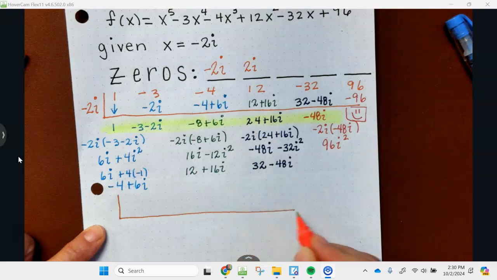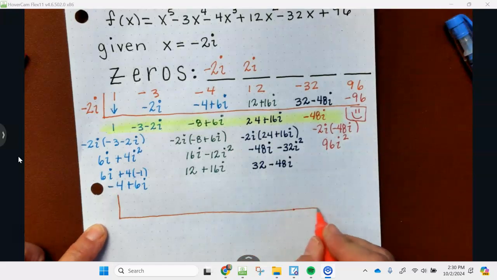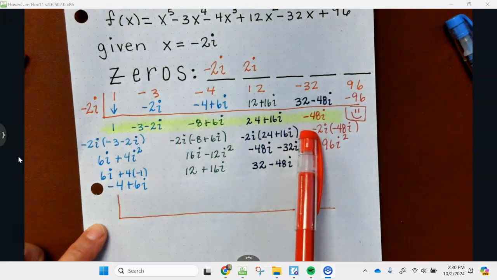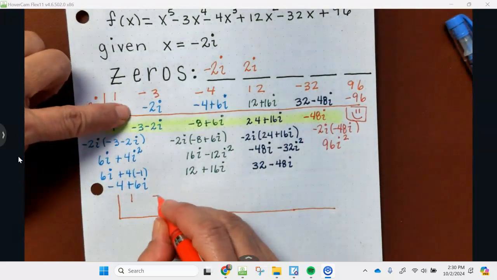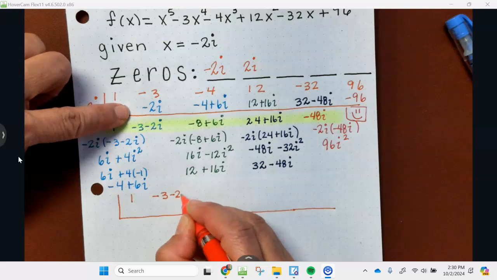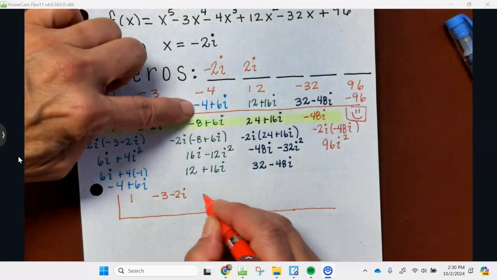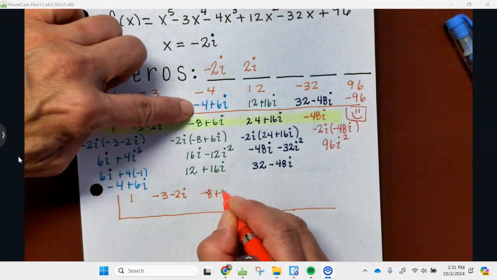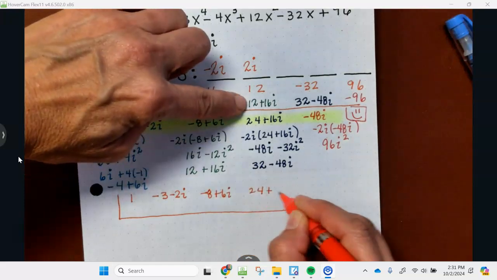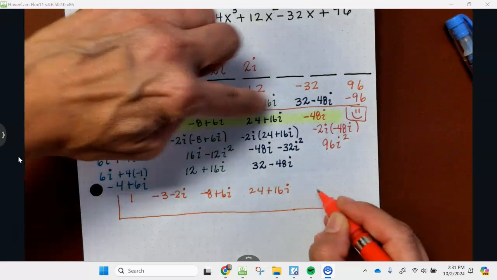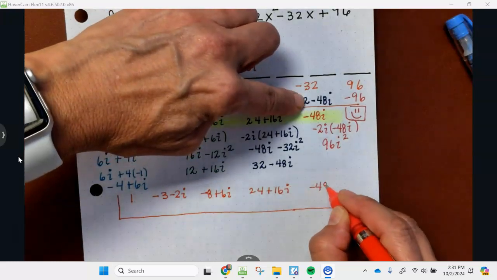And that top row for our next division box is going to be what I highlighted. So it's going to be 1. It's going to be negative 3 minus 2i. Negative 8 plus 6i. And 24 plus 16i. And don't forget about the negative 48i.